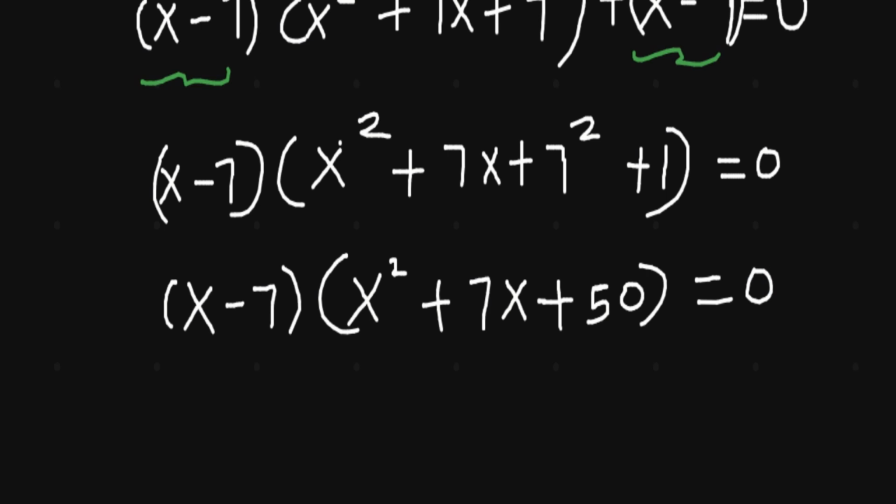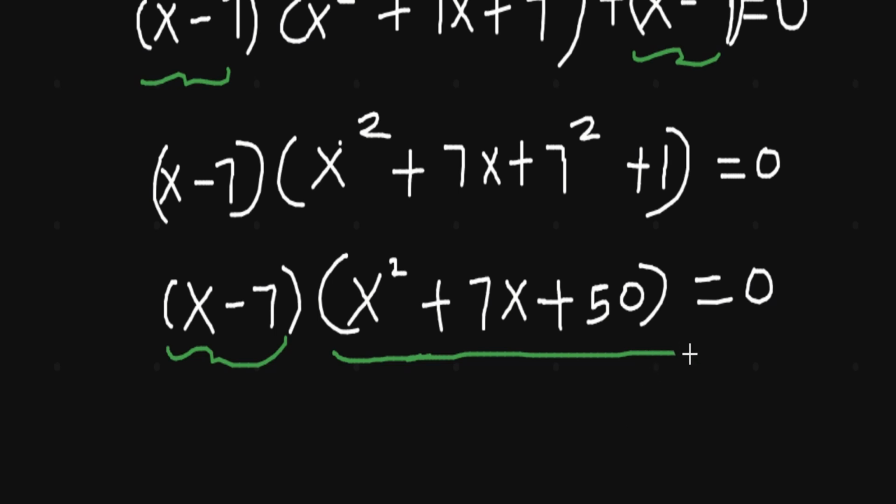So here x minus 7 is a factor, this is one factor, and we need to simplify the other equation to find the other two solutions for x here.